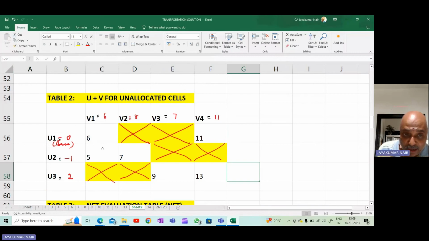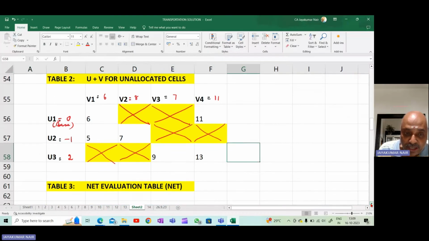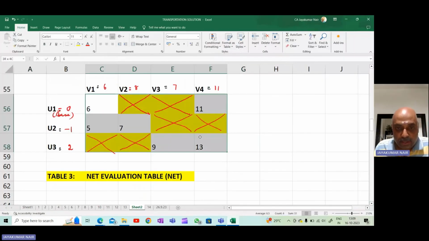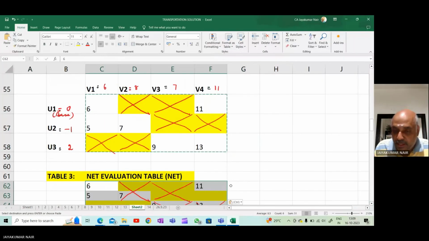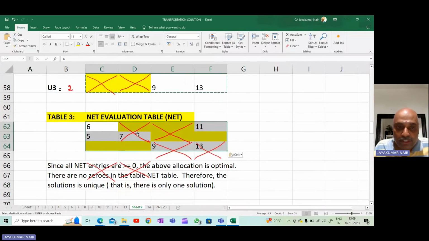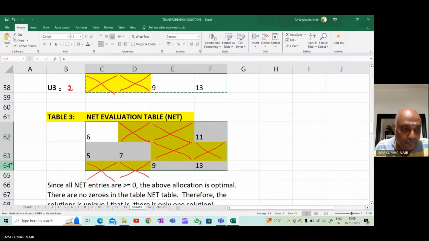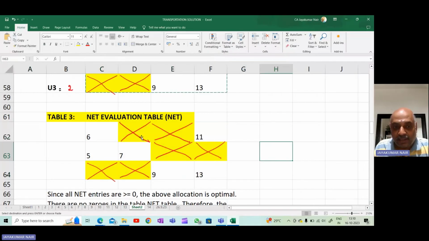Now I have to find the net evaluation table. So what is the net evaluation table? That is table A value minus table B values. So I'm going to copy the same cells here.